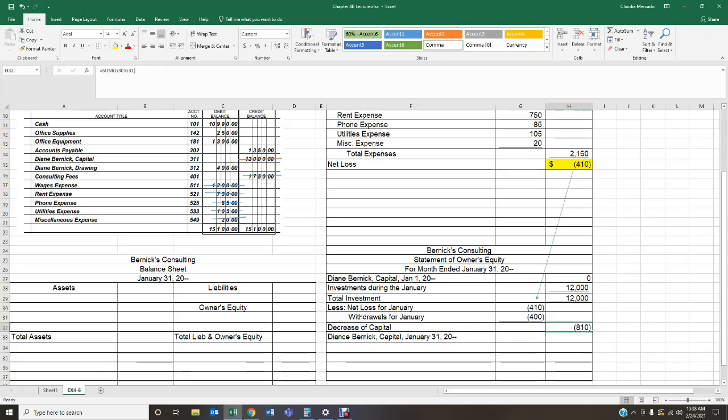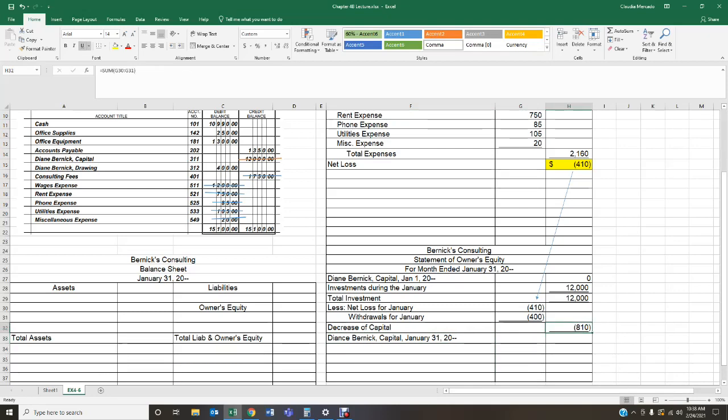Okay, and our ending capital is going to be the $12,000 that we started off with minus the $810 decrease in capital.